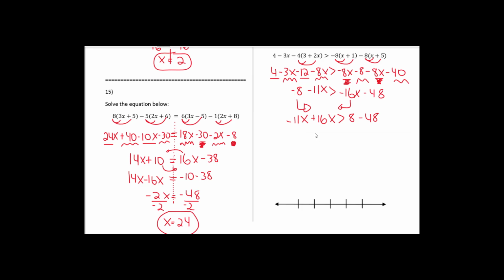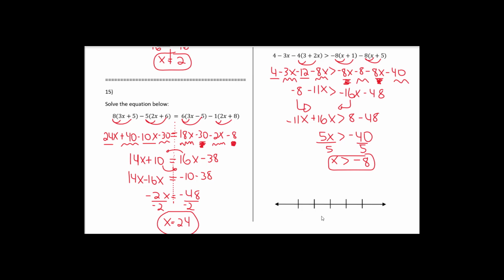Negative 11 plus 16 is 5x. Negative 40. We divide both sides by 5. And we get x greater than negative 8. Please notice here I do not flip the inequality sign because I'm not dividing by a negative number. So it stays the same.